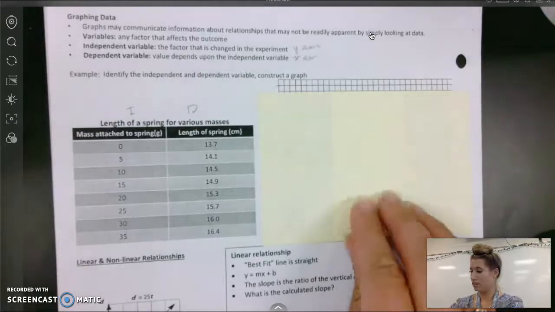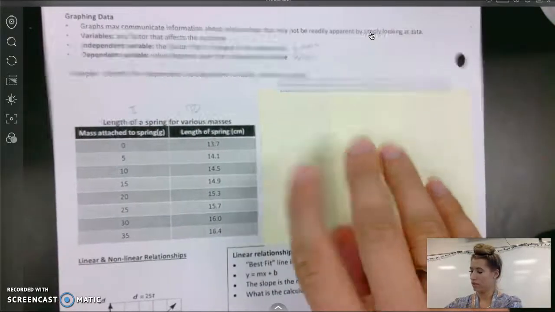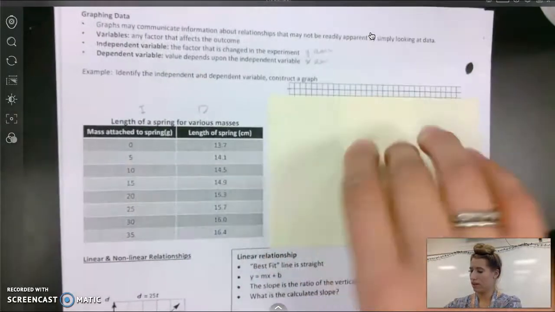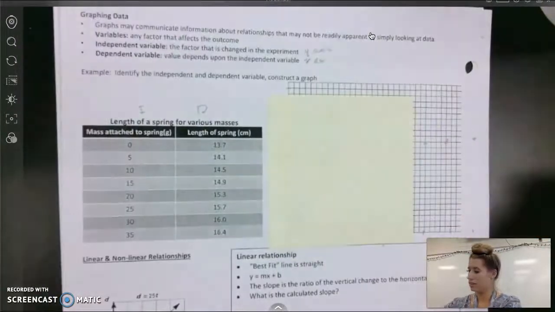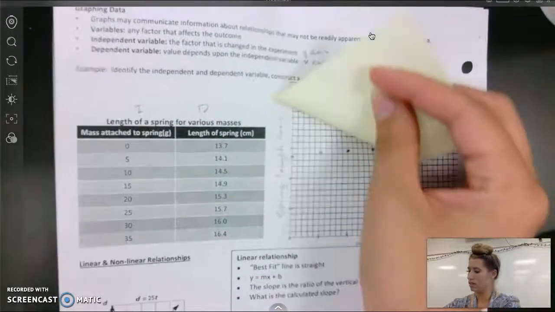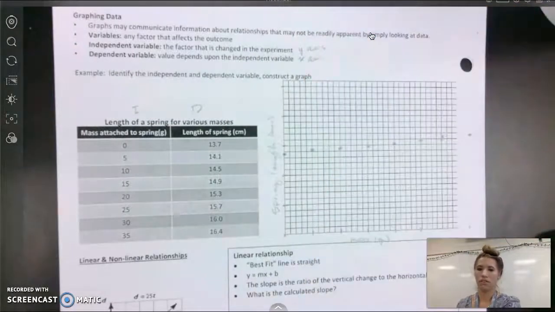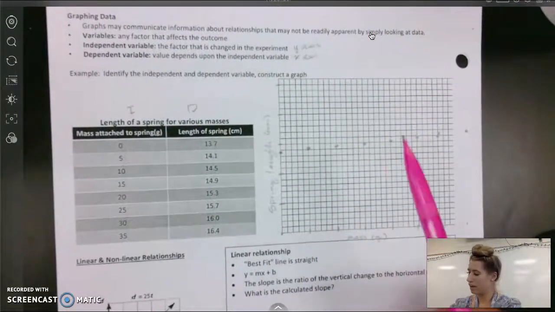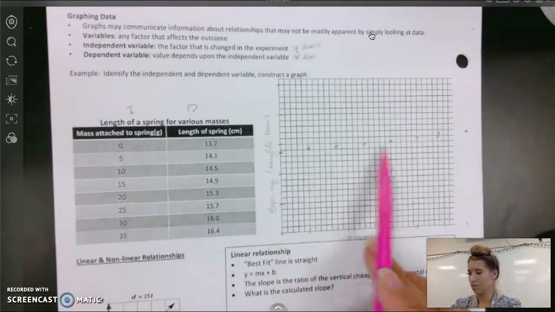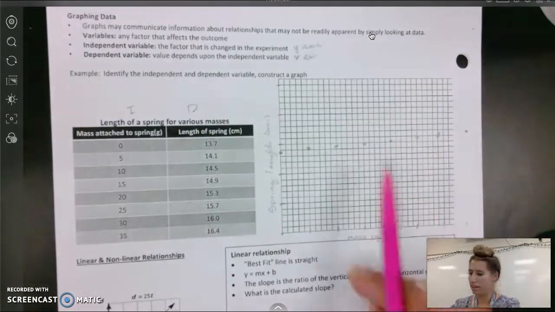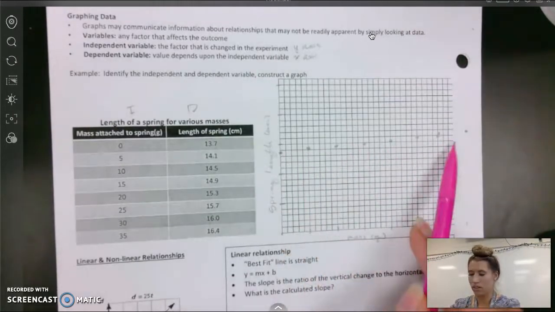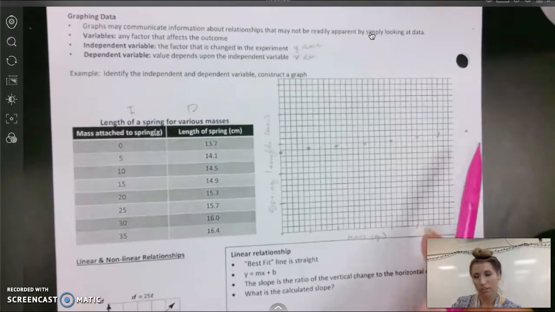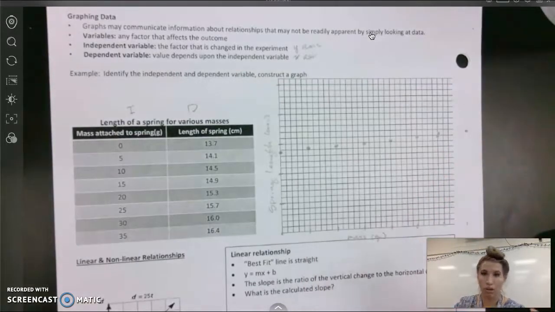All right, so what we see when we graph these values, it appears that we have a linear relationship. That best fit line, that line that fits the best amongst all of our data points, is essentially a straight line.